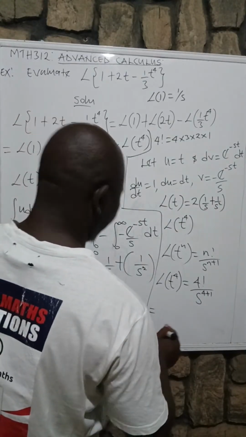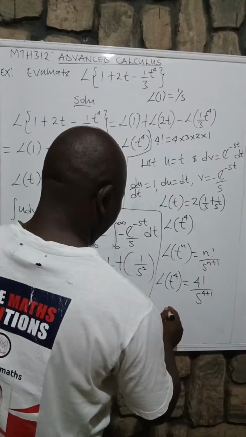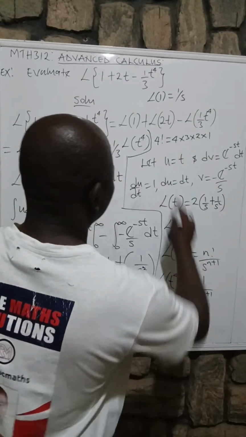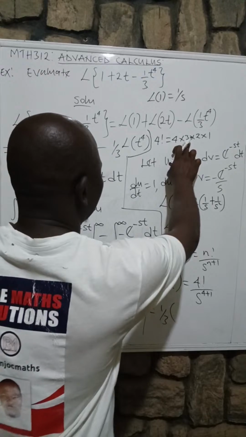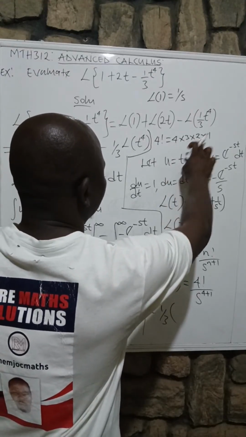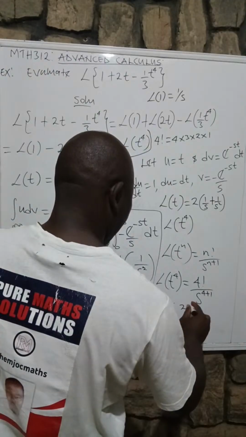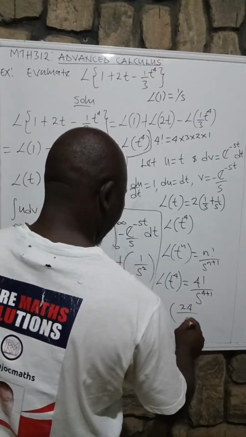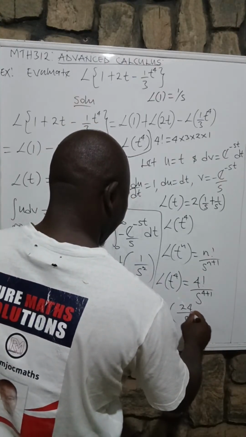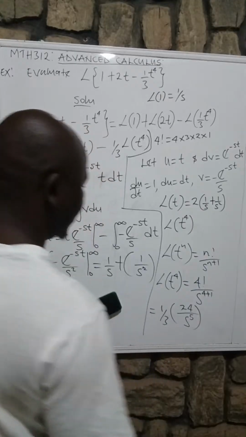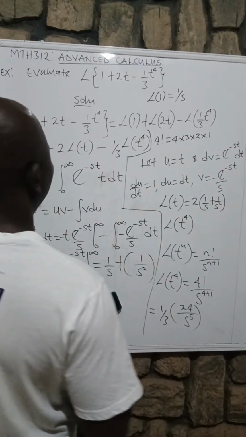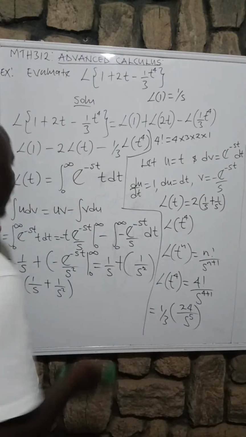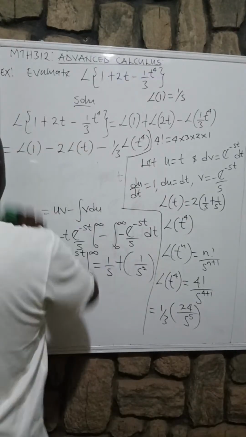So here will now be 1 all over 3, open brackets, 4 factorial is 4 times 3, 12, times 2, 24, times 1, 24, all over s raised to the power of 4 plus 1, which is s raised to the power 5. So this is what we are supposed to have. So if you can see what I am saying, hope you understand what we just did here.